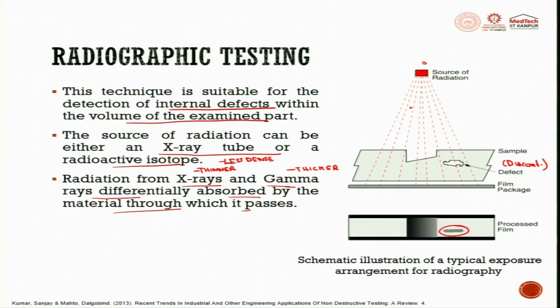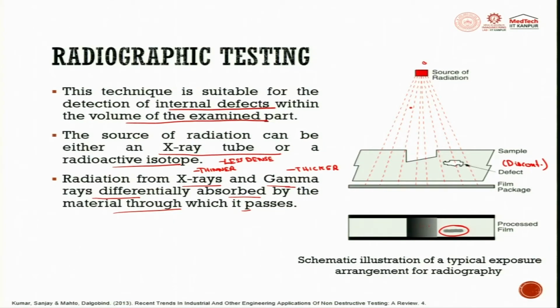Now, gamma radiation is given off by decaying radioactive materials, with the most common sources being iridium or cobalt. There is an iridium 192 variant, and cobalt 60 is also there.